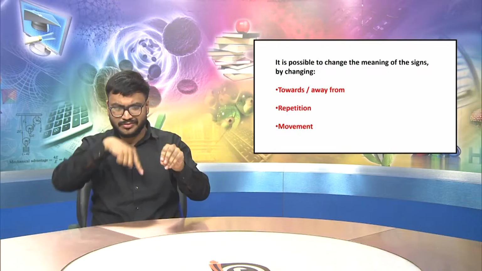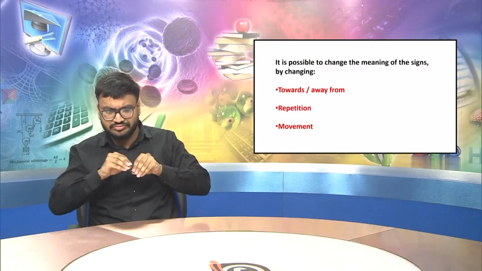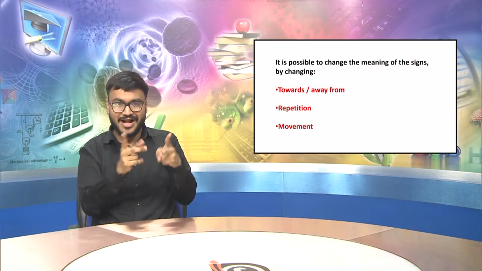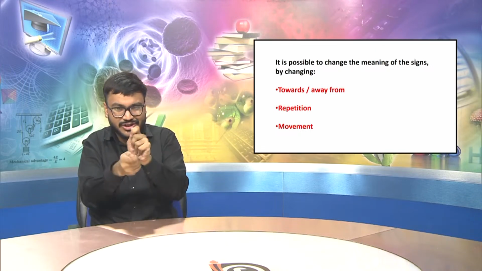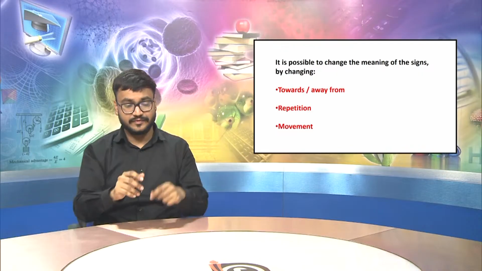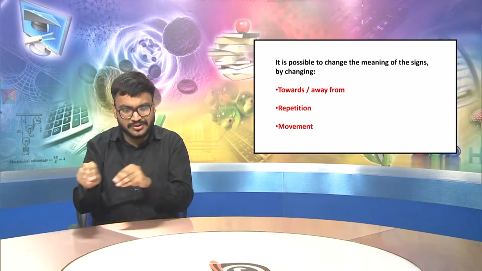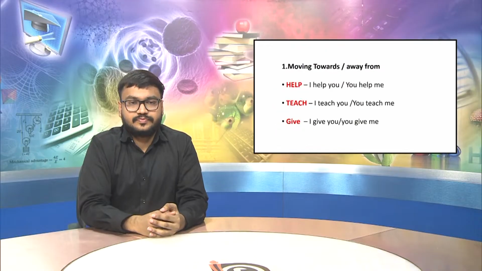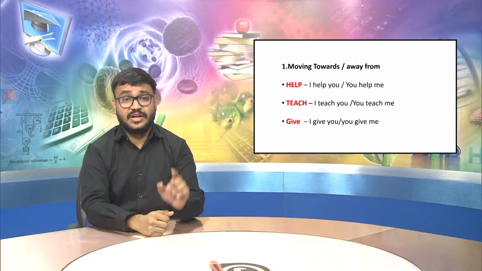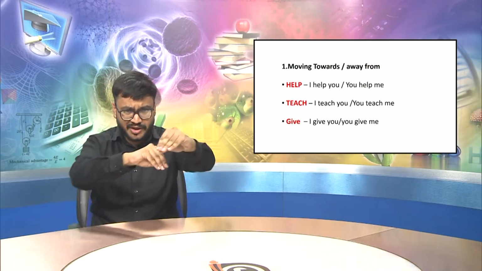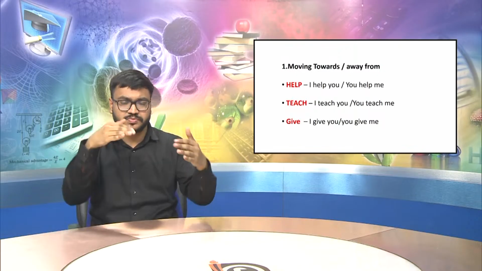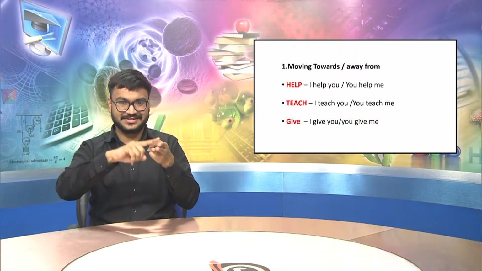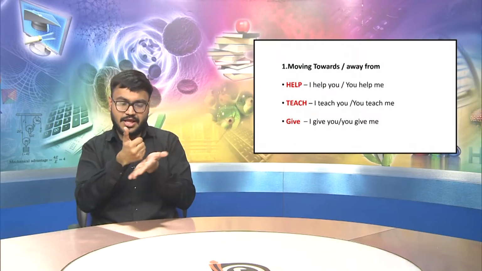First is moving towards and away from the position. The second is repetition of the sign. And third is movement. First, moving towards and away from the position. Through this, we can change the meaning of the sign.